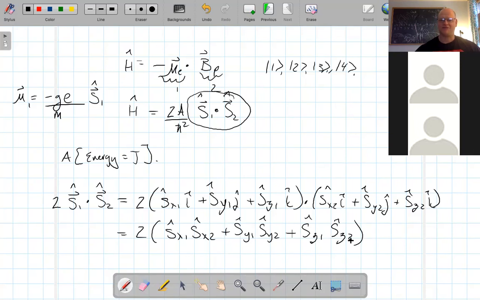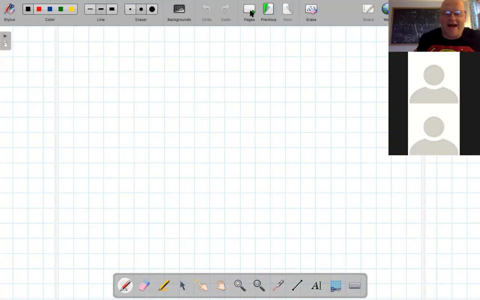So far. Now remember we introduced those raising and lowering operators that we had before. Remember that the raising and lowering operators S plus/minus were equal to SX plus or minus i SY, right? So here we can also have raising and lowering operators for each one of the 2 particles.